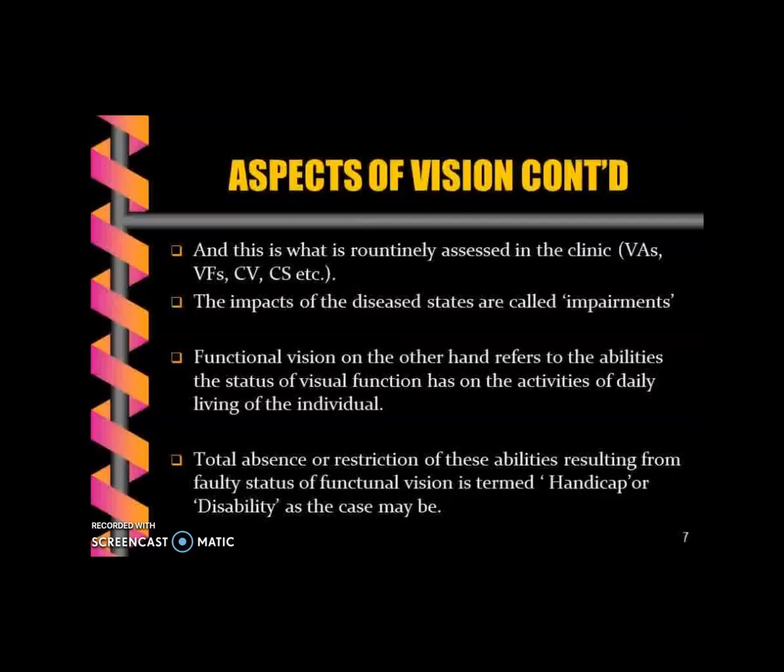That is functional vision. Now, the total absence or restriction of these abilities resulting from faulty status of functional vision is termed handicap or disability. So when your visual function is so impaired by disease state that it impacts significantly on your daily activity, that is what is termed handicap or disability.